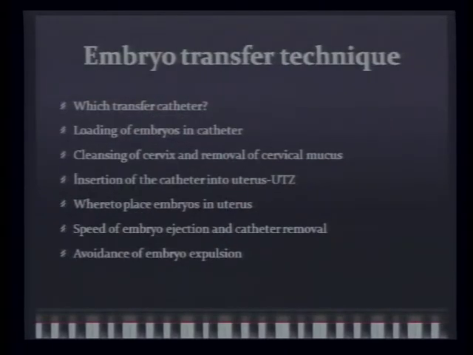And what are the questions in the technique? The transfer catheter, loading of the embryos in the catheter, cleansing of the cervix, insertion of the catheter into the uterus through the angle, where to place the embryo in the uterus, speed of the embryo ejection, catheter removal, and avoidance of embryo expulsion.